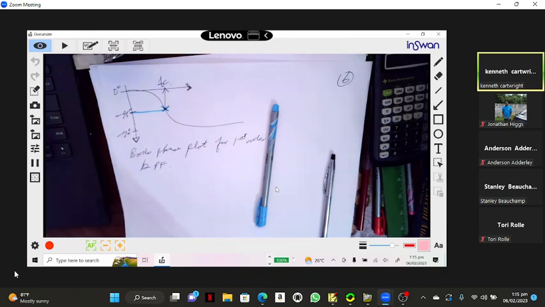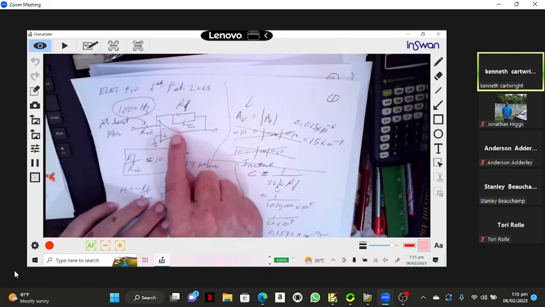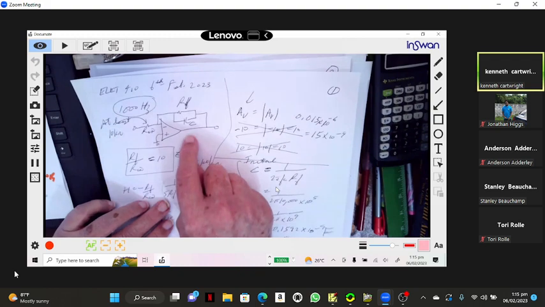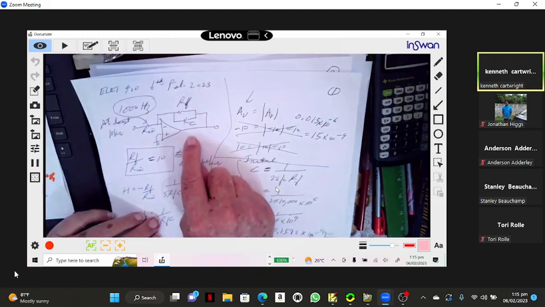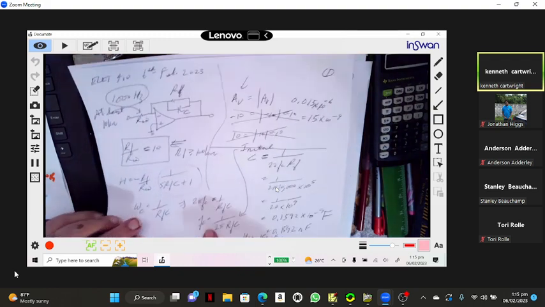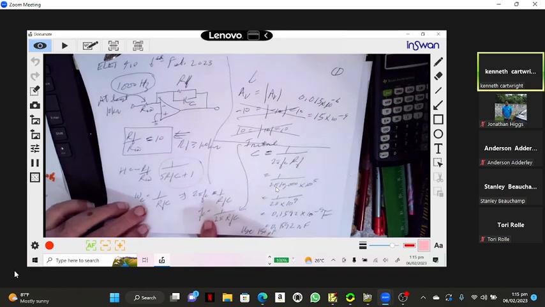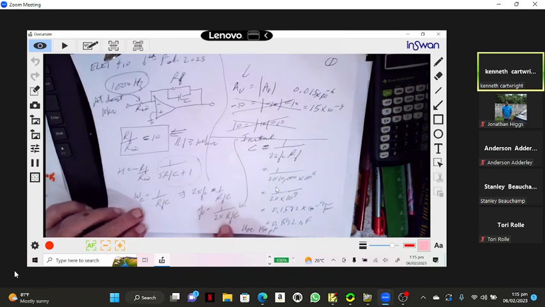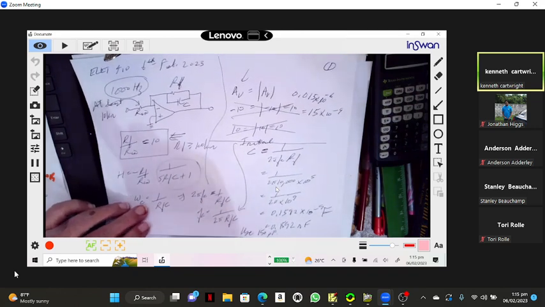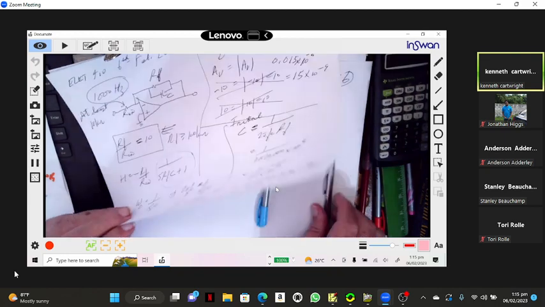Even though this looked like a one-stage circuit, it behaved like a two-stage circuit. Why? Because the transfer function could have been written as two transfer functions multiplied.